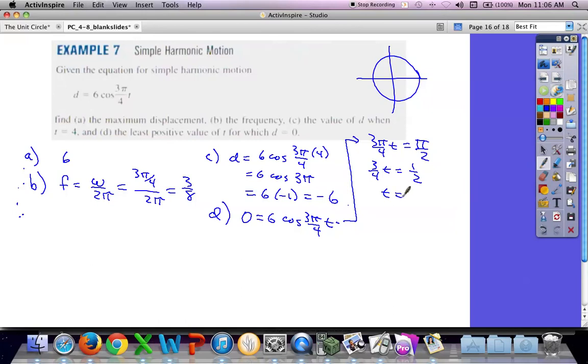So t equals... let's see. No, 2/3, sorry. 4 over 3 times 1/2, which is 2/3. So at 2/3 of a second, that's the first time you expect it.